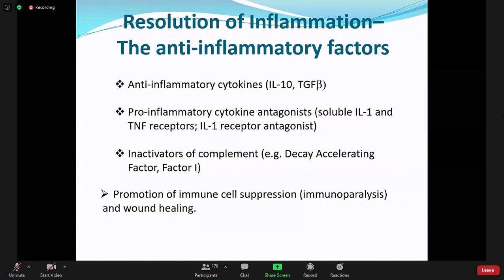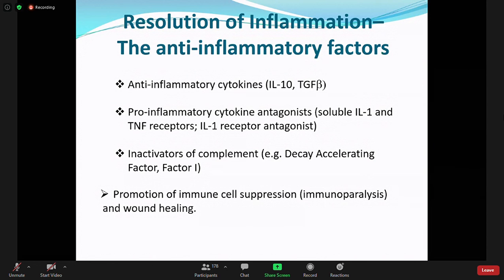Then you have other factors like these complement negative regulators. Remember from the complement lecture, that prevent the inappropriate activation of the complement cascade, either to break down the C3 convertase complex before it can go into the membrane attack complex, or to prevent the binding of C3 onto a cell to prevent the alternative pathway from forming, and so on.